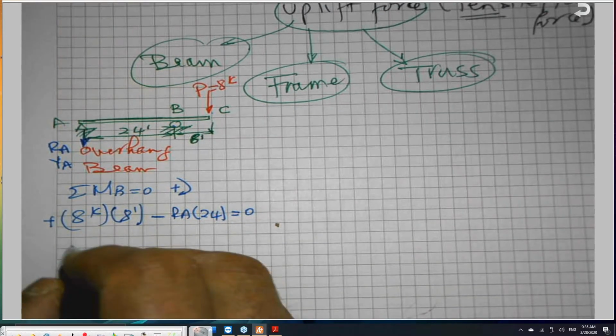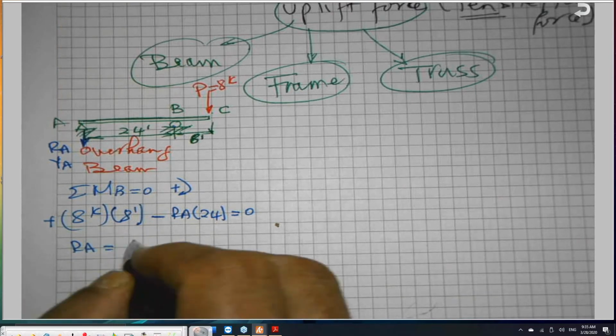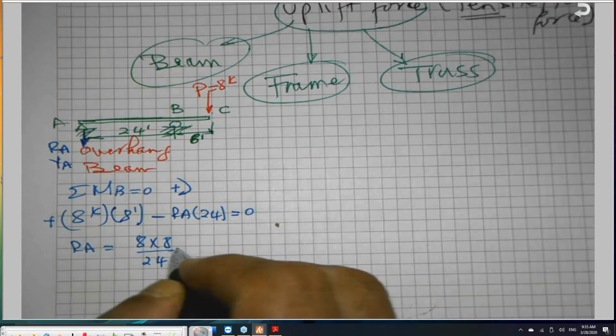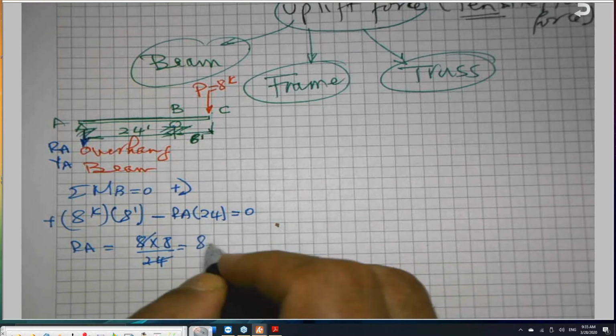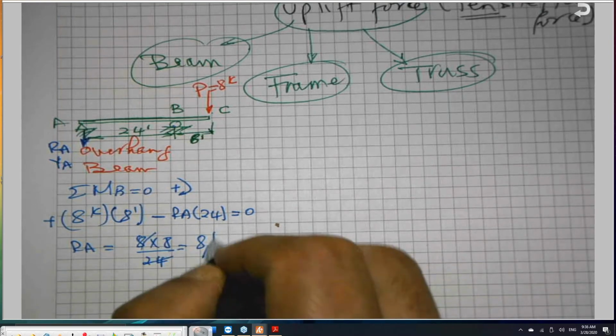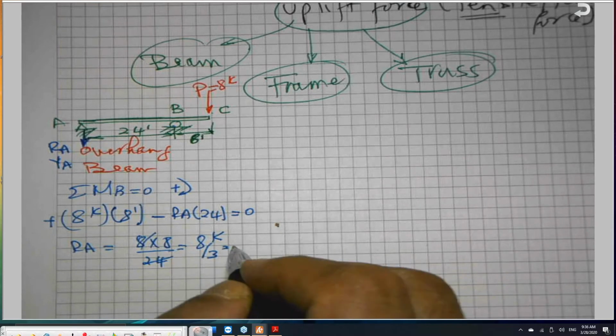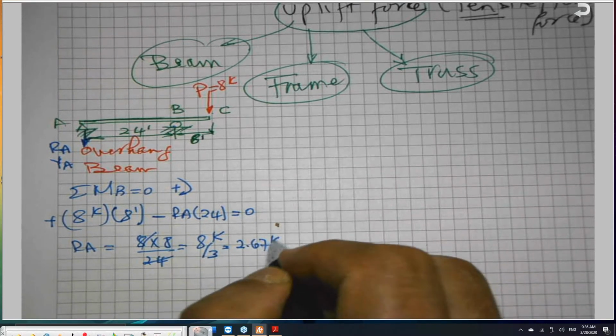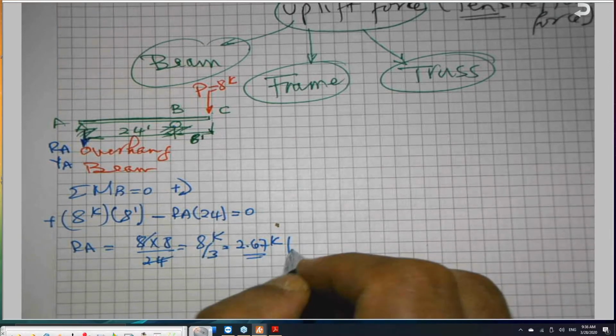I solve for the reaction at A. RA equals 8 times 8 divided by 24. So this is 8 over 3 kips, or 2.67 kips, and this is going down.